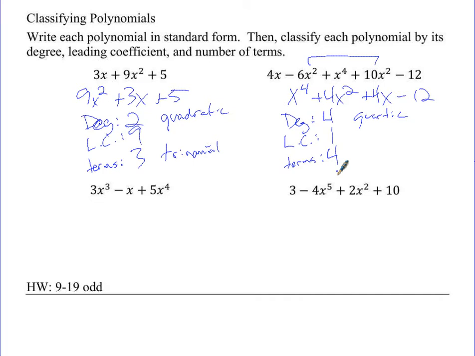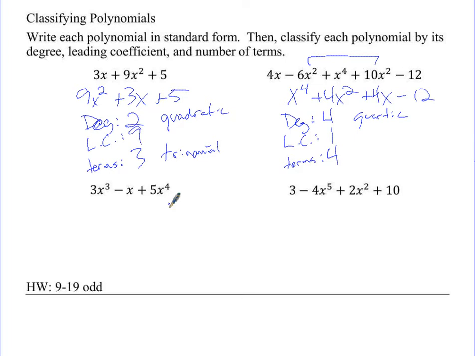So do I have a special word for this? 4-term polynomial? Binomial is 2 terms. No, it's just a 4-term polynomial basically. So I don't have a word for this, so I'm just going to leave it at 4. Yeah, it's a 4-term polynomial. If there's a special word for it, give me the special word.